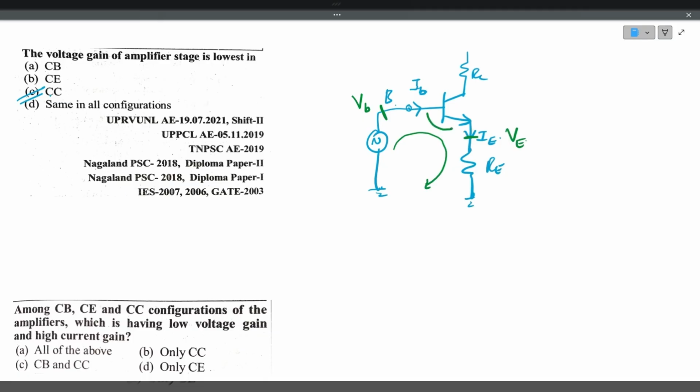The voltage drop at the base emitter junction is very negligible, that is 0.7 volts. So emitter voltage is nothing but the base voltage minus 0.7 volts. 0.7 is negligible, so the emitter voltage is approximately equal to base voltage. For the common collector, output is taken across the emitter only, whose voltage is equal to input voltage, that is base voltage. That's why input voltage and output voltage both are same. So the gain can be equated to 1. It is a unity gain amplifier.